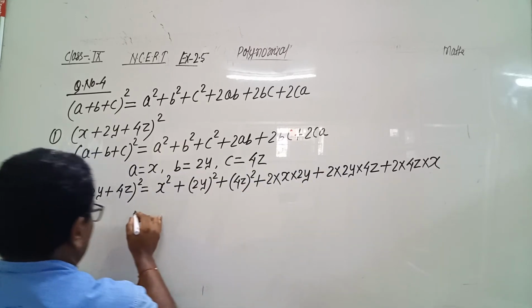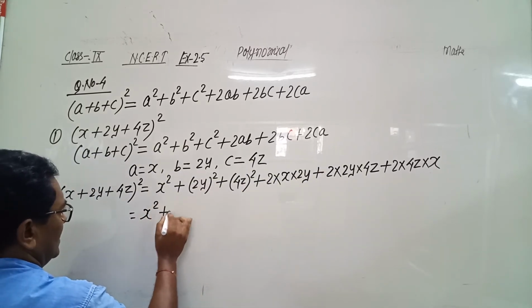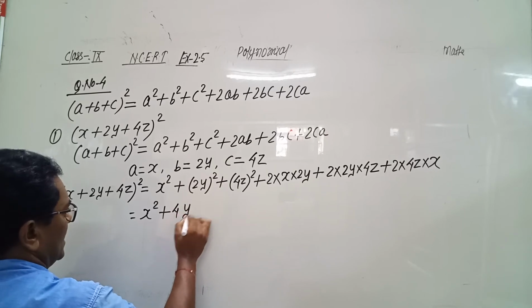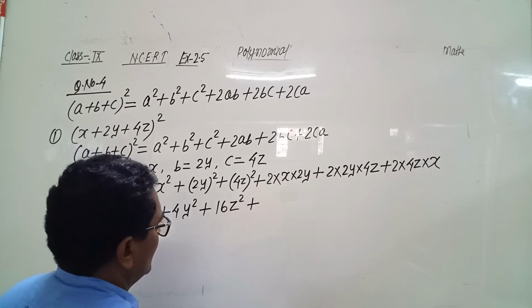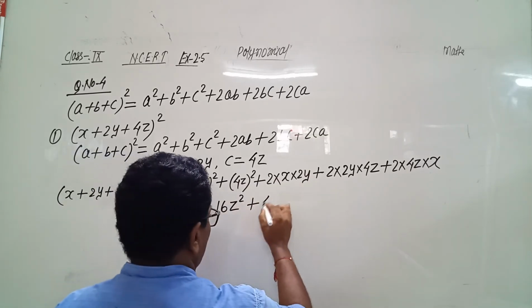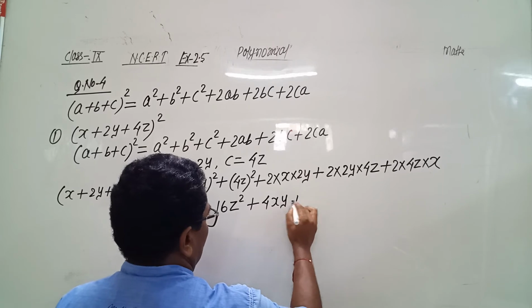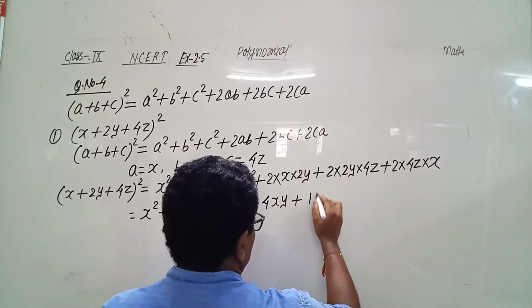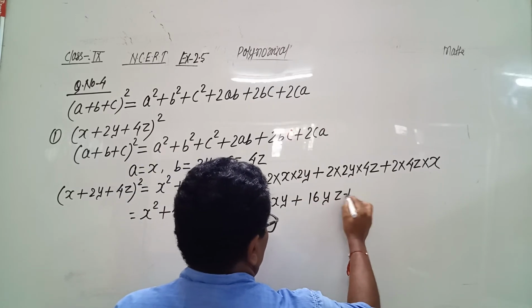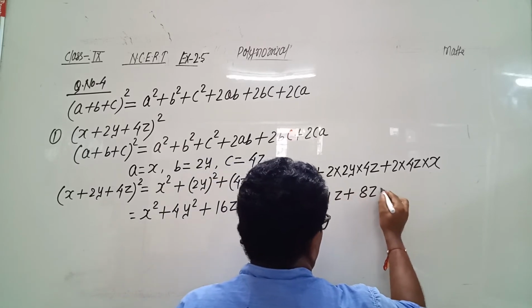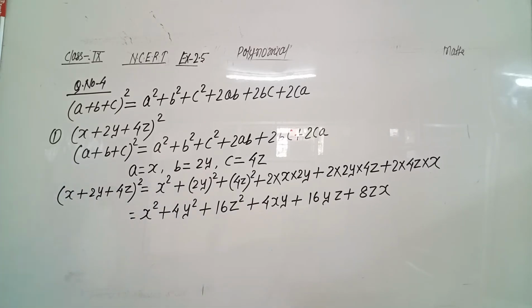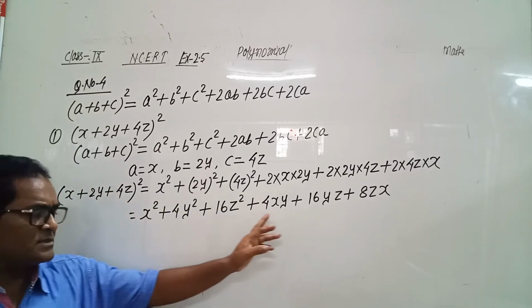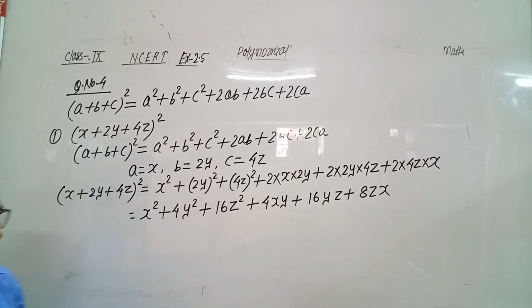Then we solve this expression. So x square plus 2 the whole square 4, 4y square, 4 the whole square 16, z square plus 2 into 2 is 4xy plus 2 into 2 into 4 is 16yz plus 2 into 4 is 8zx. So this is the result: x square plus 4y square plus 16z square plus 4xy plus 16yz and plus 8zx.